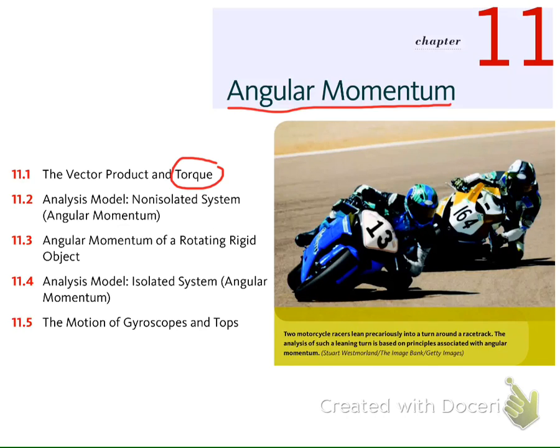We talked about this quantity before when we talked about the rotation of the rigid body. Here in this chapter we will discuss the formal definition of the torque, where we represent this definition in terms of the vector product, the cross product of the position vector of a particle and the force that acts on that particle.